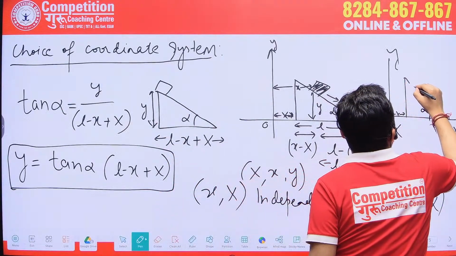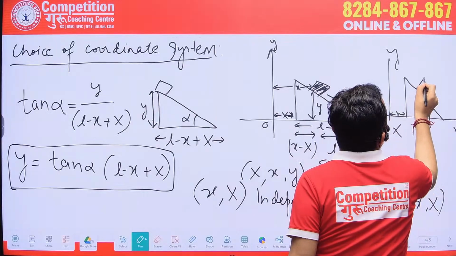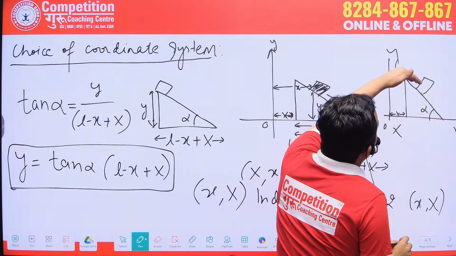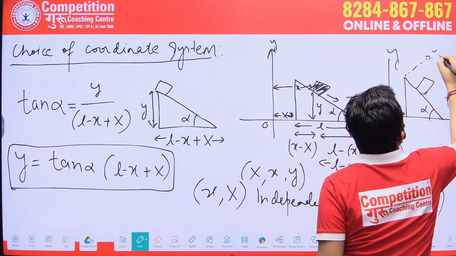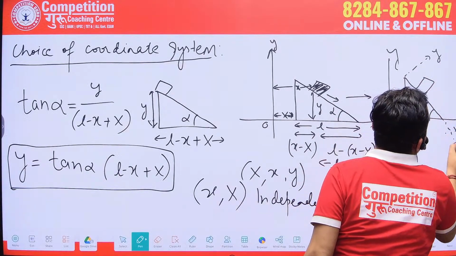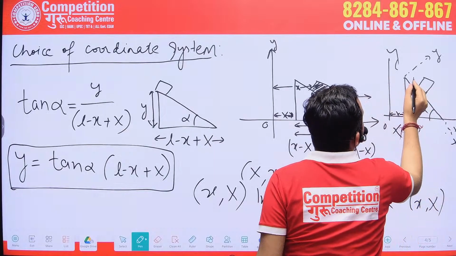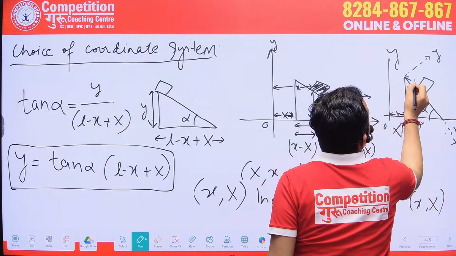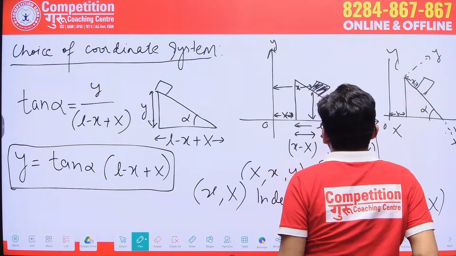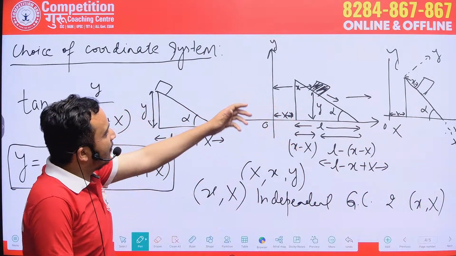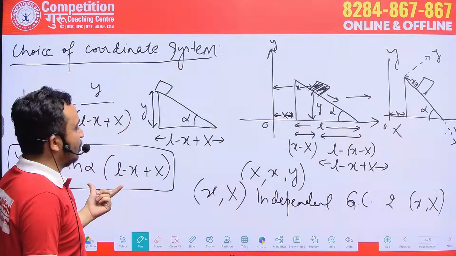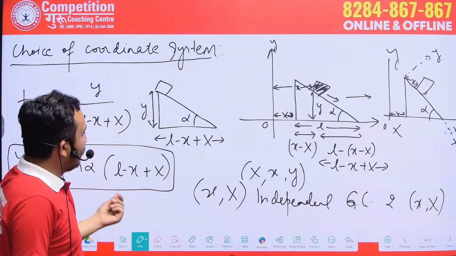If the box is here, then for this box we take a coordinate system like this, with y and x here. So this is small x. If we take this as a coordinate system, then we have complicated equations, and we have two coordinates.